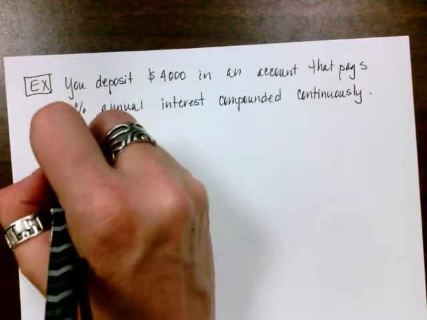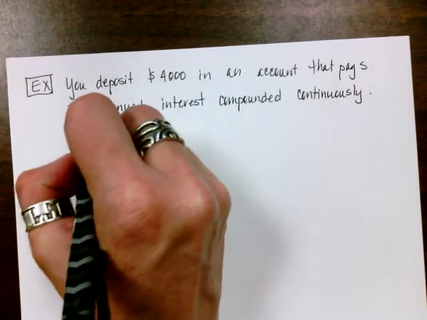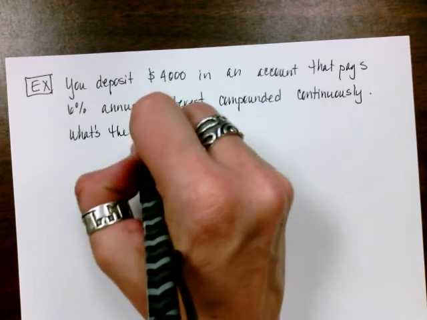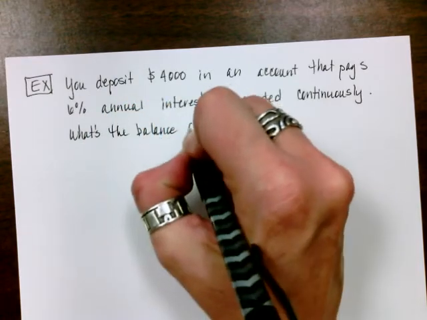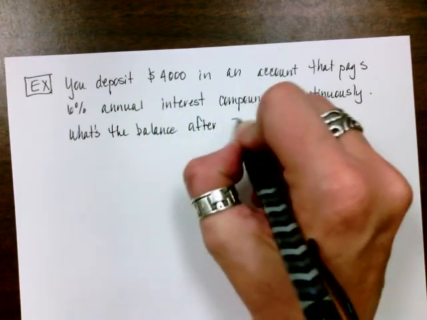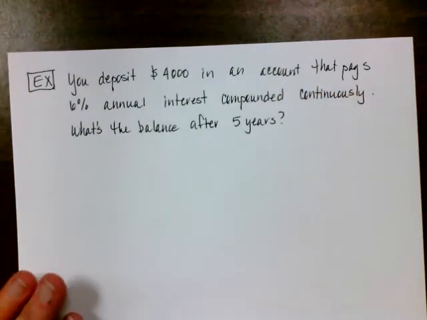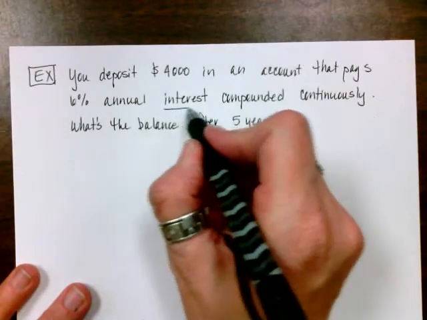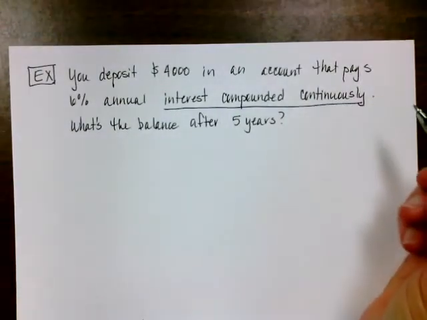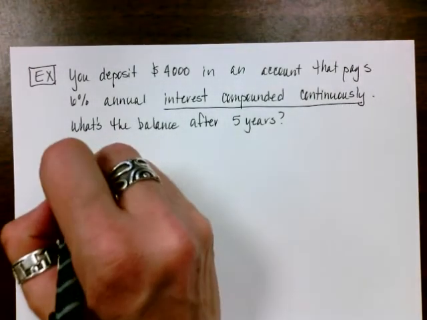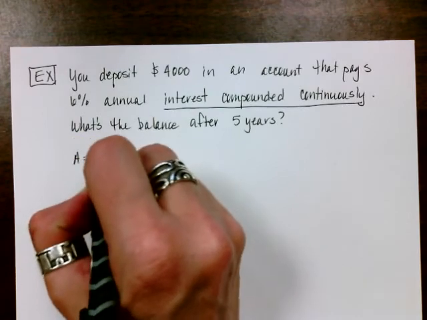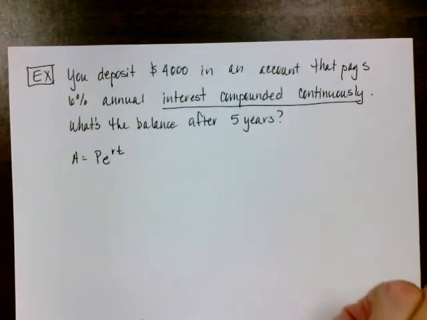All right, and I want to know what's the balance after 5 years. Alrighty, so this is the key phrase, interest compounded continuously, so that means I'm going to use A is equal to Pe raised to the rt.